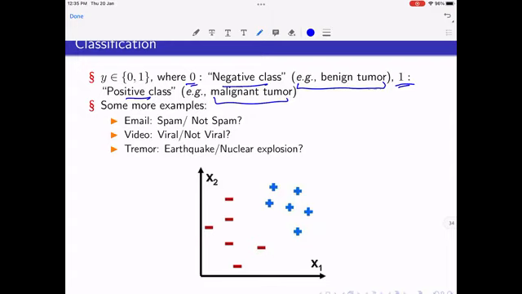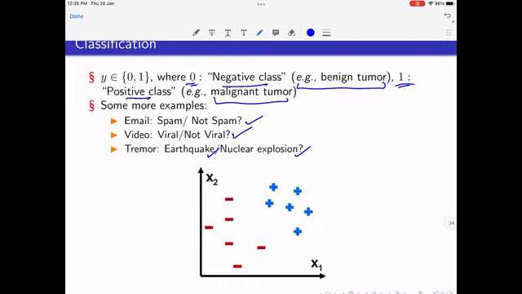Other examples are whether a mail is spam or not spam, whether a video is viral or not viral, whether a tremor that you feel is coming from an earthquake or from an underground nuclear explosion that some country has carried out. So these are the features, or I think there were some other terms also in the very first slide.